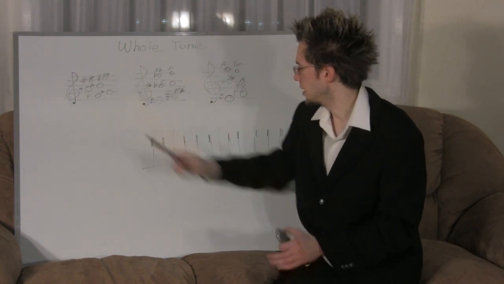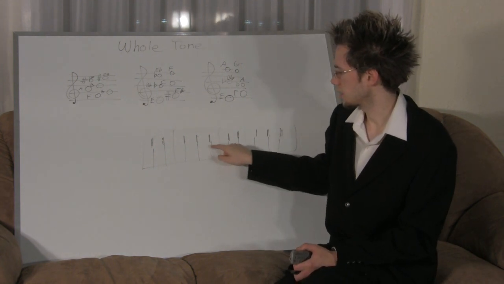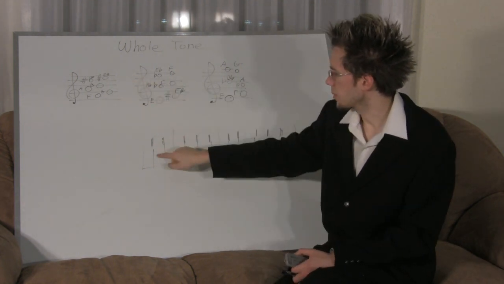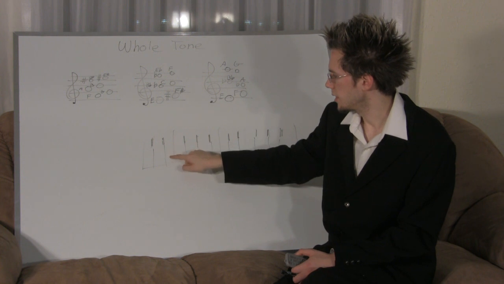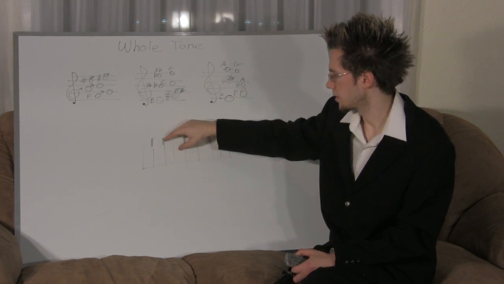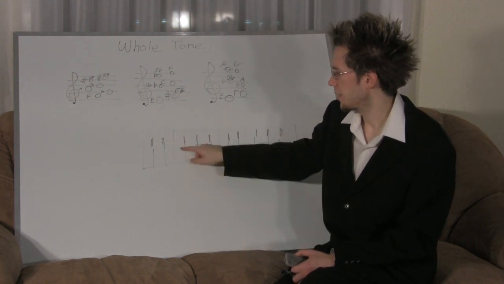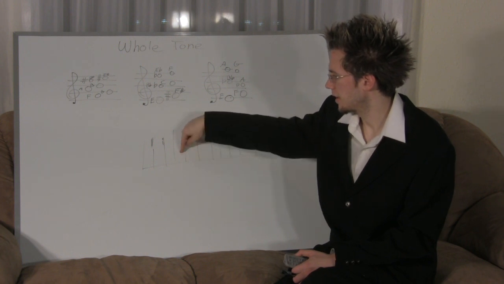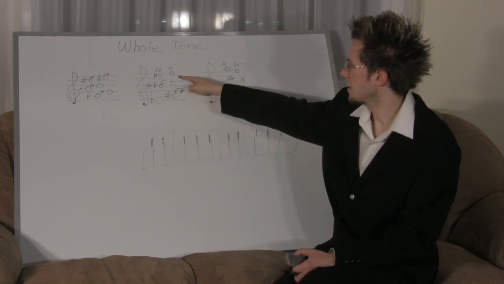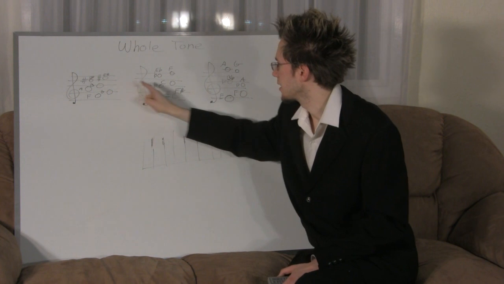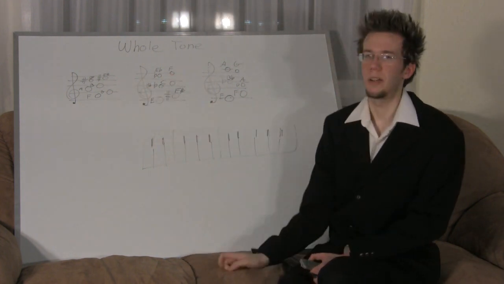See how it goes from A to B? A to B, that's a whole tone. How about D sharp to E sharp? Yep, that's a whole tone. See how that could also be called F and E flat, just like I have it here? So this and this are actually the exact same thing, note-wise.